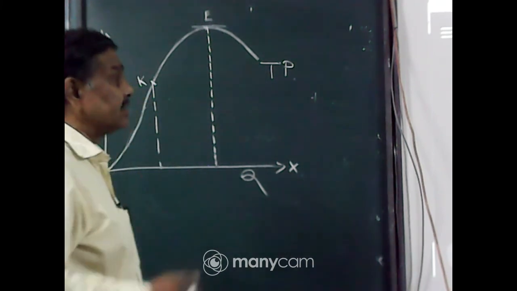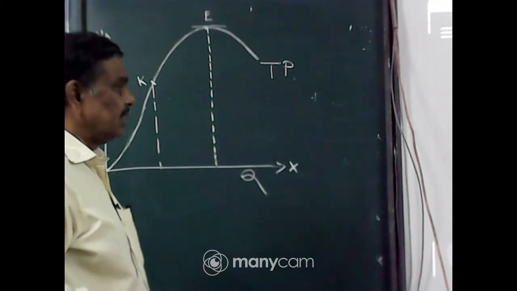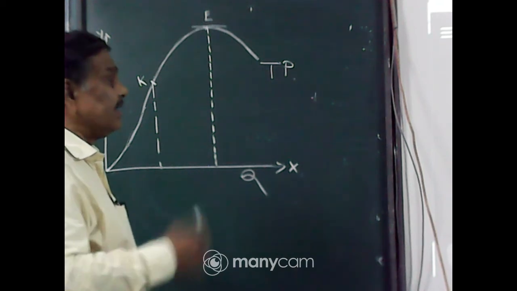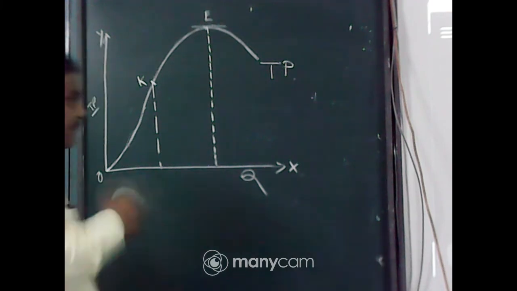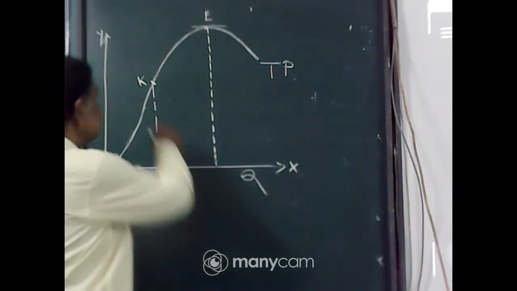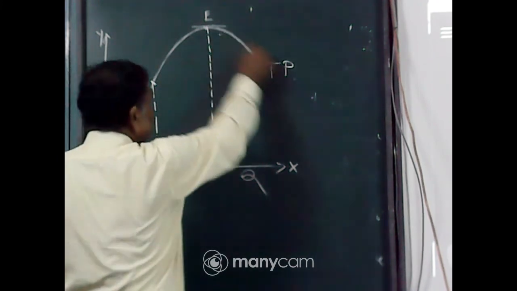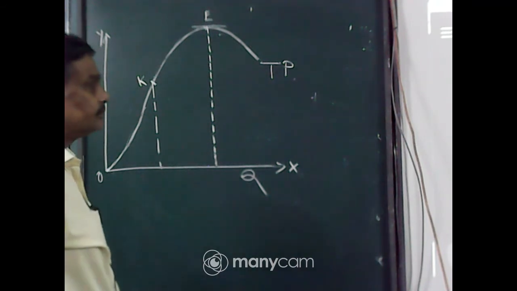It is loss. Average will come down. Therefore, it is the reason behind if you increase continuously the variable factor, keeping the fixed factor fixed, the production will first increase at increasing rate, then increase at diminishing rate, then it will decline at negative rate. Now it is clear? Yes or no, please write.